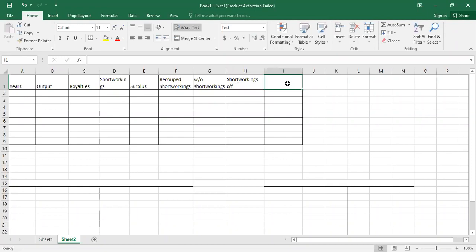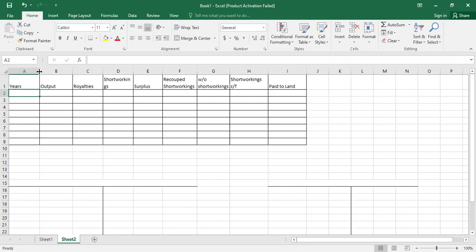And then of course, we have what is paid to the landlord. So payable. Let me just call it paid to landlord. So this will guide us in knowing whether we have an outstanding or we have a surplus or we have a short working.